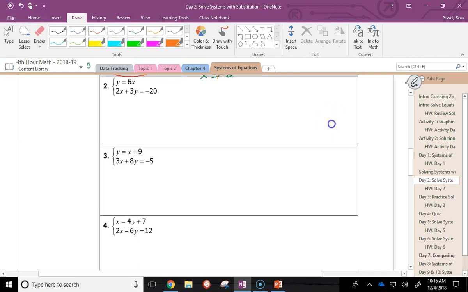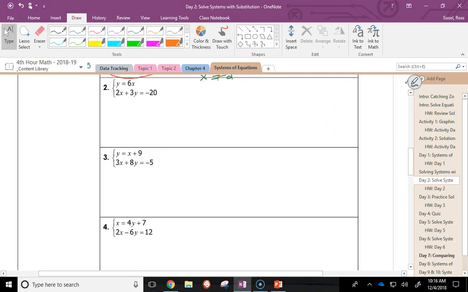So number 2, y equals 6x, 2x plus 3y equals negative 20. Step 1, does any of these solve for y or x already? Yes. So I'm going to go ahead and highlight this. Since I noticed that y is 6x, anywhere you have a y, if I have a box that says y on it, when I open it up, it's going to have 6 times x in it.